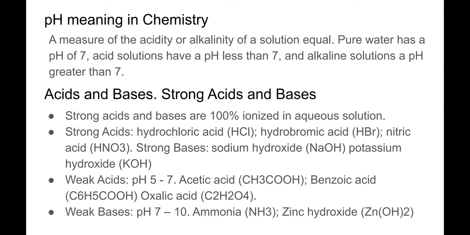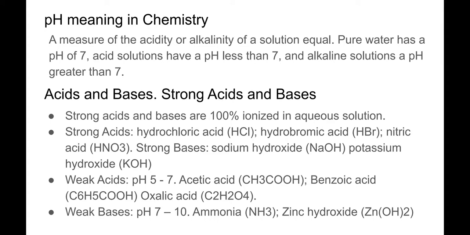Weak acids have pH only in the range from 5 to 7, and good examples are acetic acid in vinegar and benzoic acid. Normally you don't work with it. Oxalic acid is in many vegetables. I was talking about this oxalic acid.